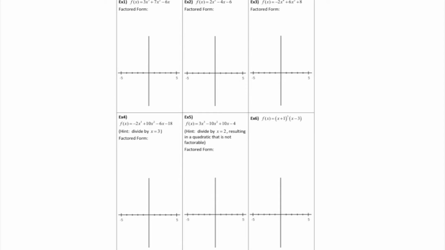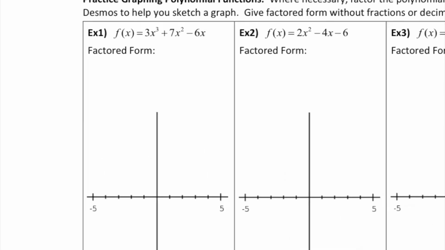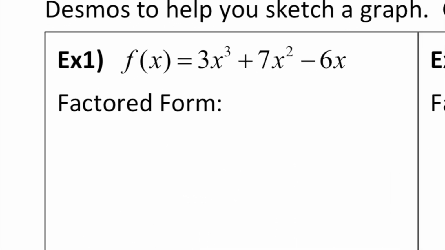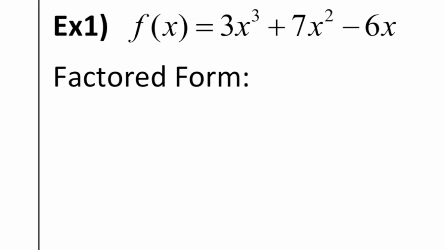And so let me just start here with number 1. And the first thing that you want to do for each of these is factor the expression. And I'm going to ask that you factor them on your own. And then pause the video, factor the expression, and then come back to the video and double check that you have factored it correctly.